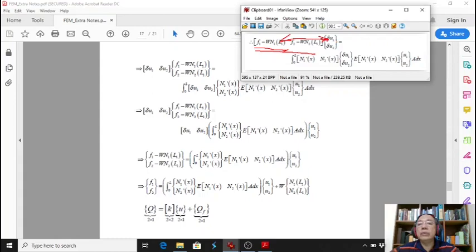So virtual U1 becomes this, and we put F1 minus WN1 of L1 here. And this also can change. Okay, this can change: WN2 of L1 and virtual U2.